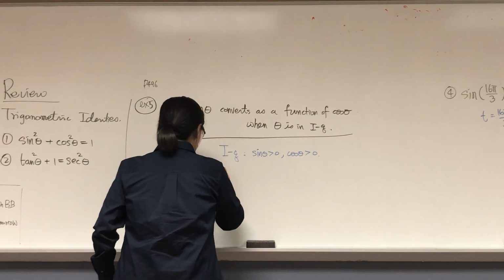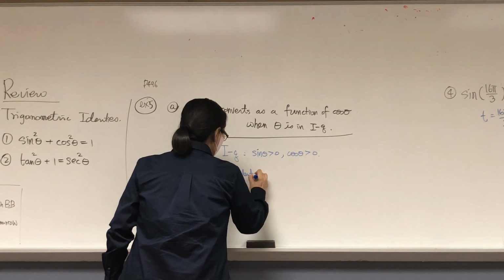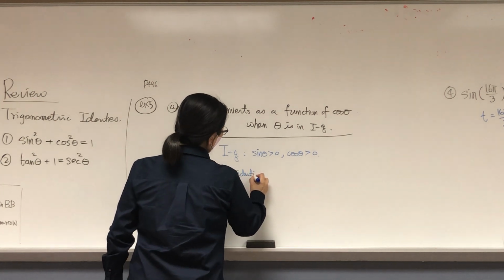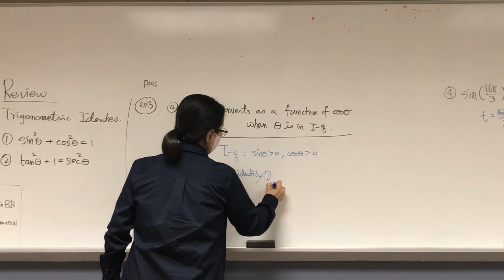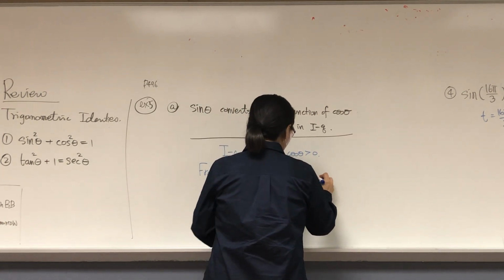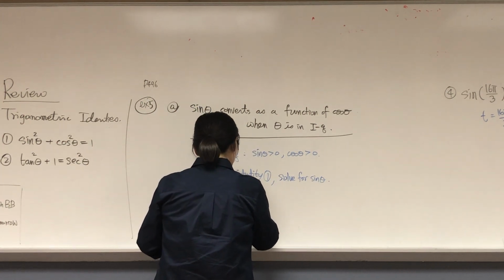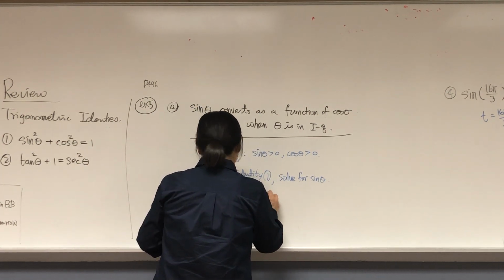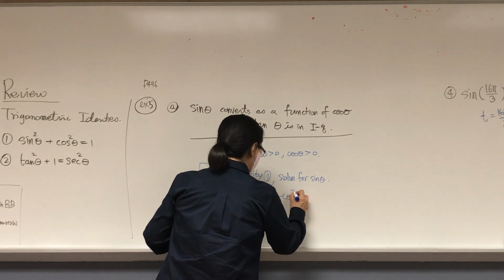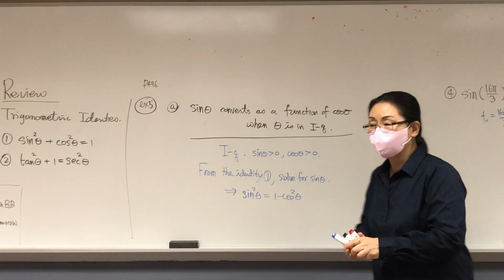From the identity 1, solve for sine theta. So isolate. Sine squared theta equals 1 minus cosine squared theta. Am I right? I know you like it.